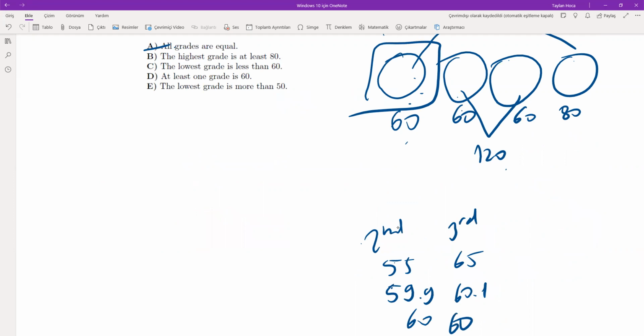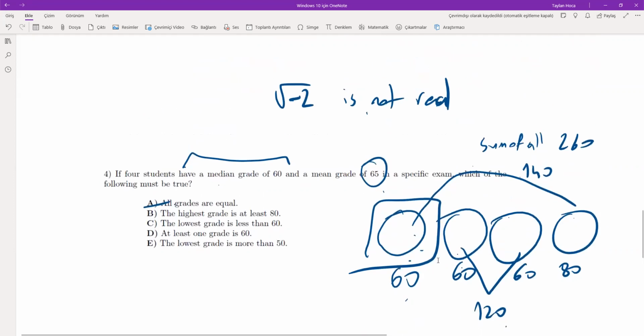But the minimum cannot be more than 60, because then the median cannot be 60. If it is greater than 60, the others must be greater than 60 as well, so the median must be greater than 60.